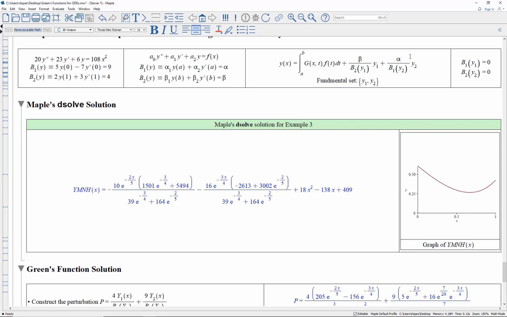Over here, you get B1 on Y2, which cancels this B1 on Y2, leaving alpha. So when you apply B1, you will get alpha. When you apply B2, you get B2 on Y1, which will cancel this B2 on Y1, leaving you just this beta. And B2 on Y2 is 0, and this term drops out. So the perturbation is the right piece to add on.